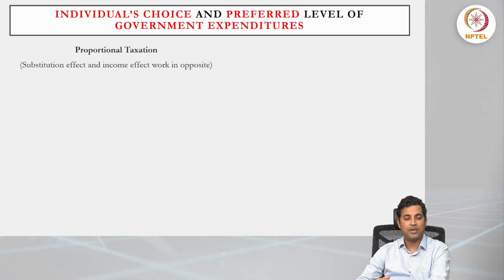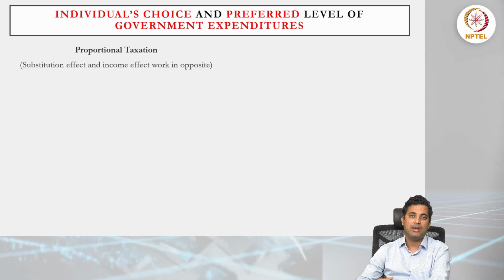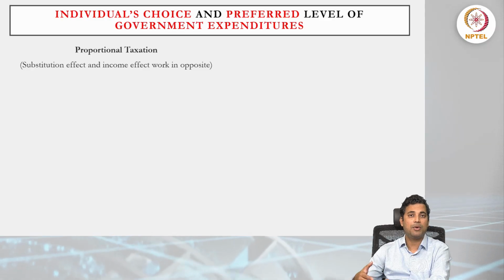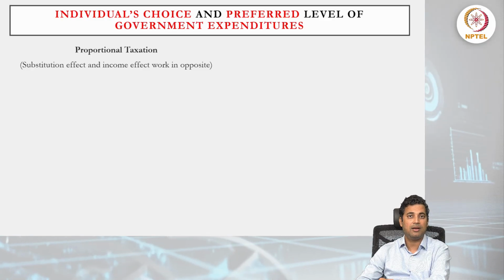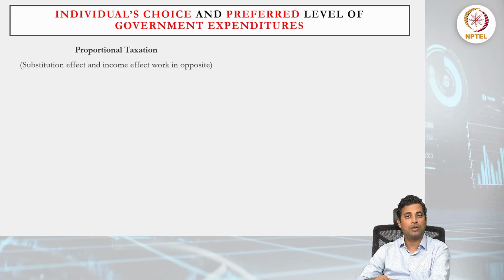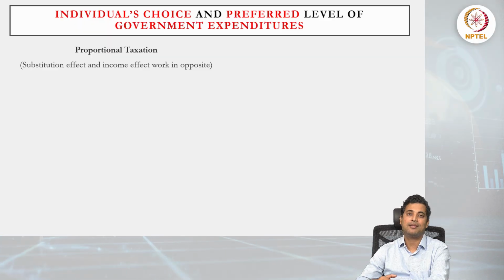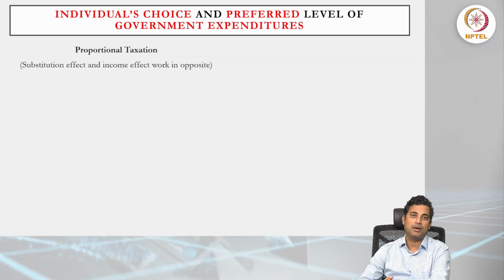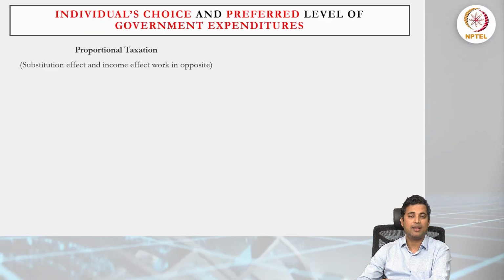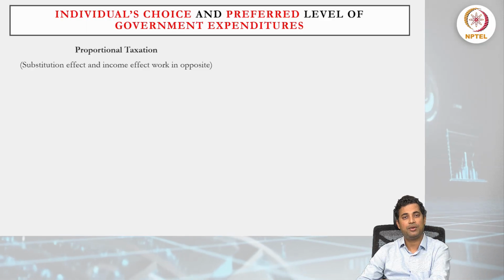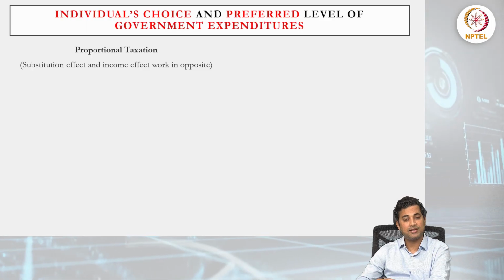That is one way. The other way is if one commodity's price impacts the consumption of another commodity, then it is called the substitution effect, and that is where we also discussed perfect substitution and perfect complementary.